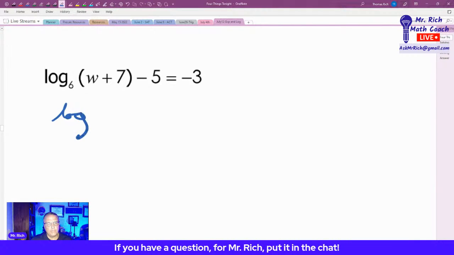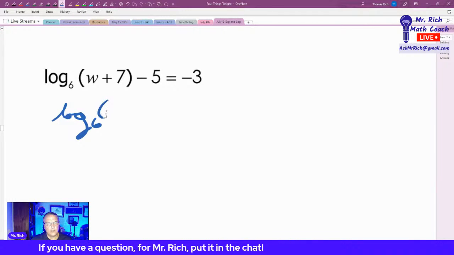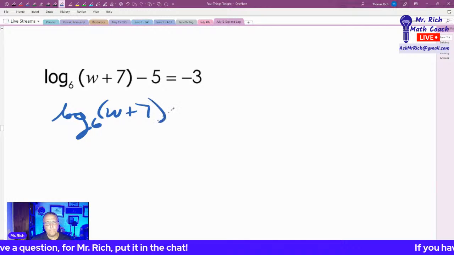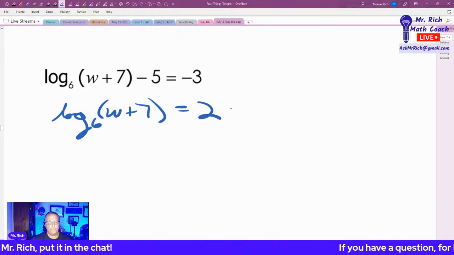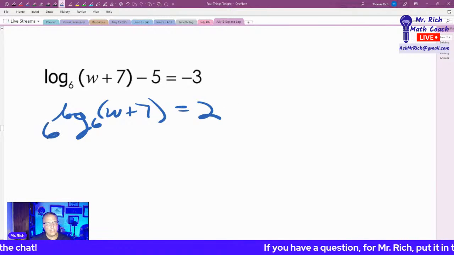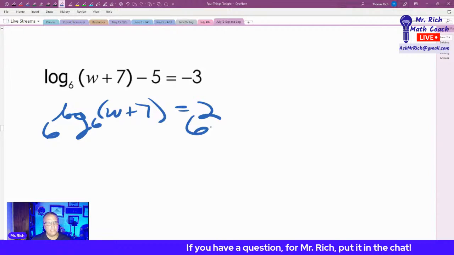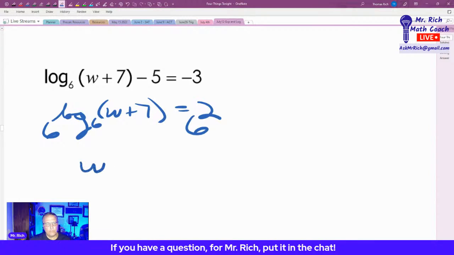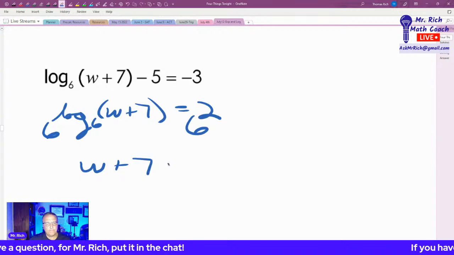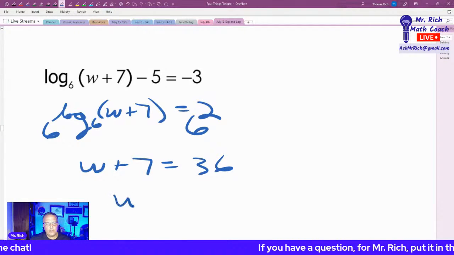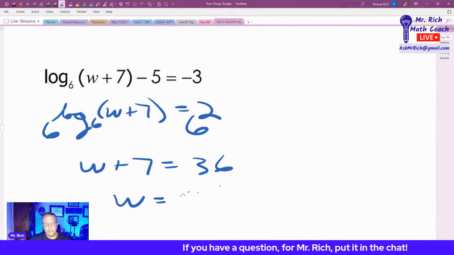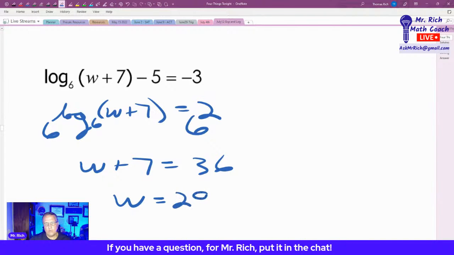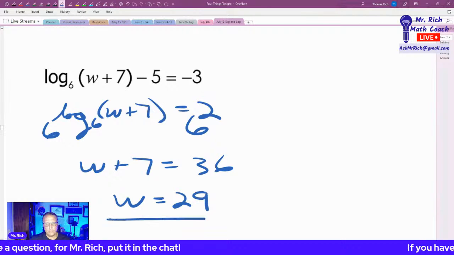So that's going to give me log base 6 of w plus 7 is equal to 2. Going to exponentiate on both sides by raising 6 power. This is going to release the w plus 7, and 6 squared is 36, and w is going to be 36 minus 7, or 29. That's my solution.